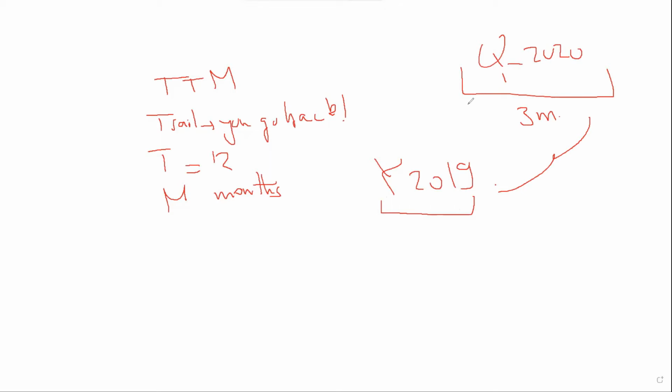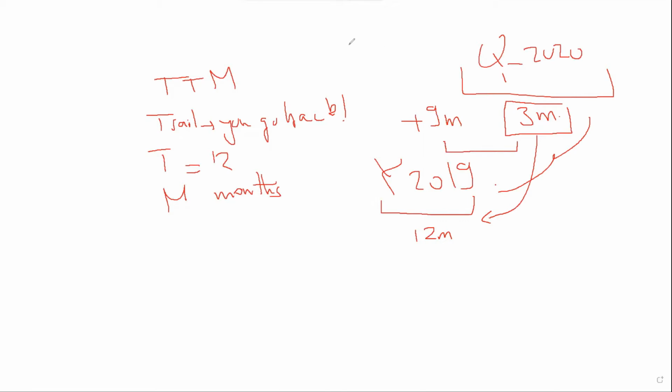For us to be able to conduct an analysis, what we should do, guys, is we should convert this to look like this because this is covering 12 months. So what we do is we trail back 12 months, which means we take 12-month period. So we need additional 9 months of data for us to be able to make a comparison.